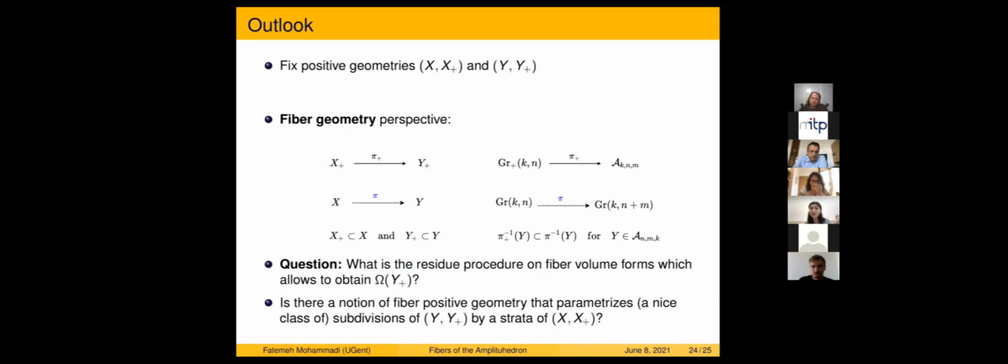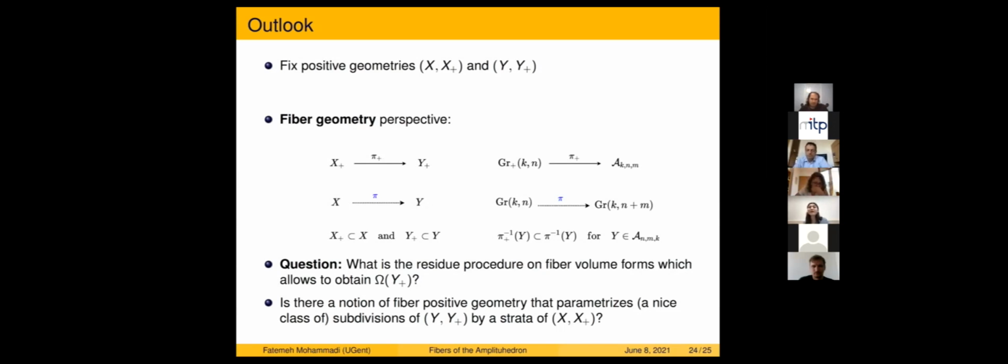And as we saw here, the denominators of these fibers define the polyhedral fan, which encodes these subdivisions. So the question is whether these nice families of subdivisions exist for other families of positive geometries.